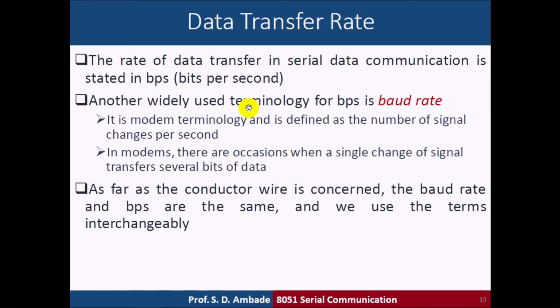In modems, there are occasions when a single change of a signal transfers several bits of data. As far as the conductor wire is concerned, the baud rate and BPS, bits per second, are the same, and we use the terms interchangeably.